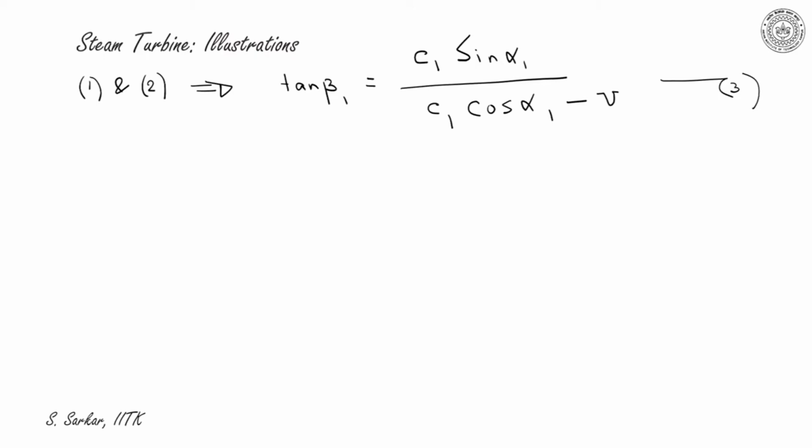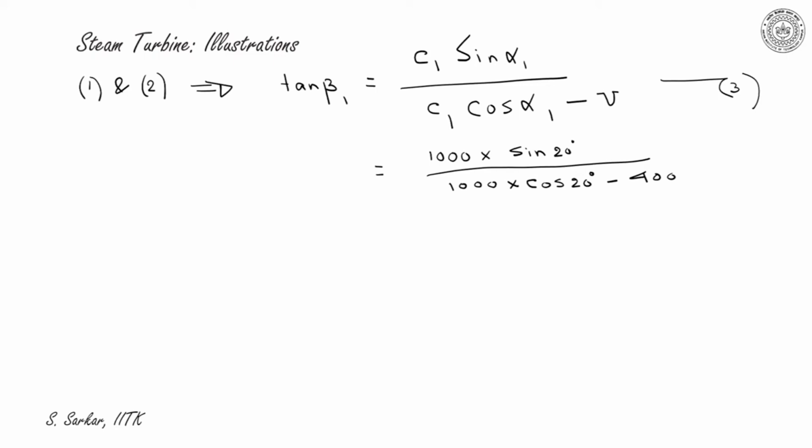So all quantities in this are known. Just for your appreciation, C1 is 1000, alpha 1 is 20 degree, divided by 1000 into cos 20 degree minus u, which is 400 meter per second.